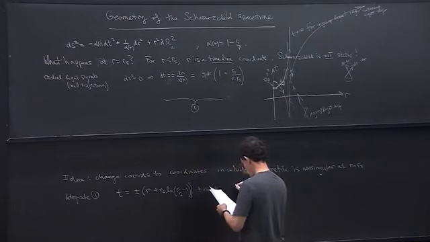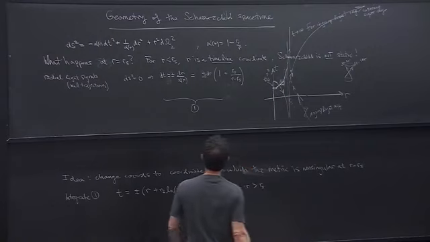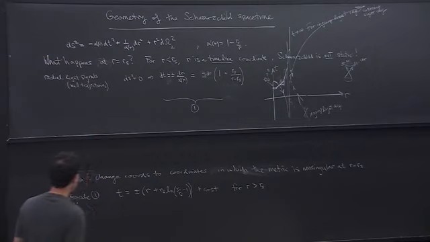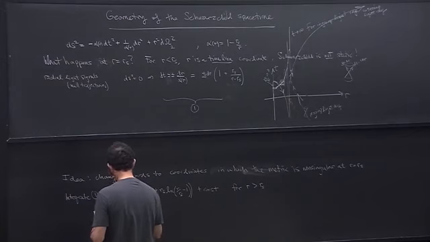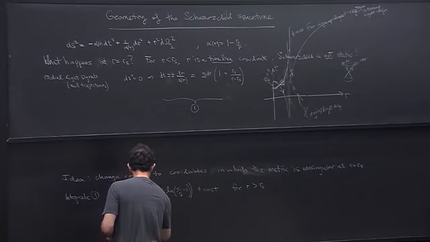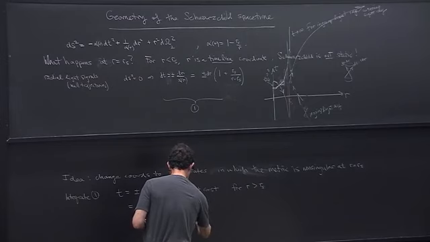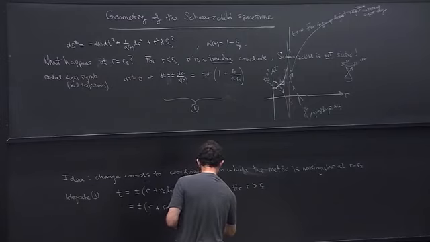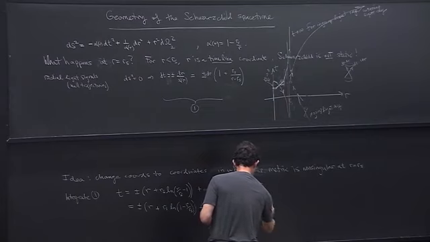And this is for r bigger than rs. And it's equal to plus or minus r plus rs log(1 minus r over rs) plus constant for r less than rs.